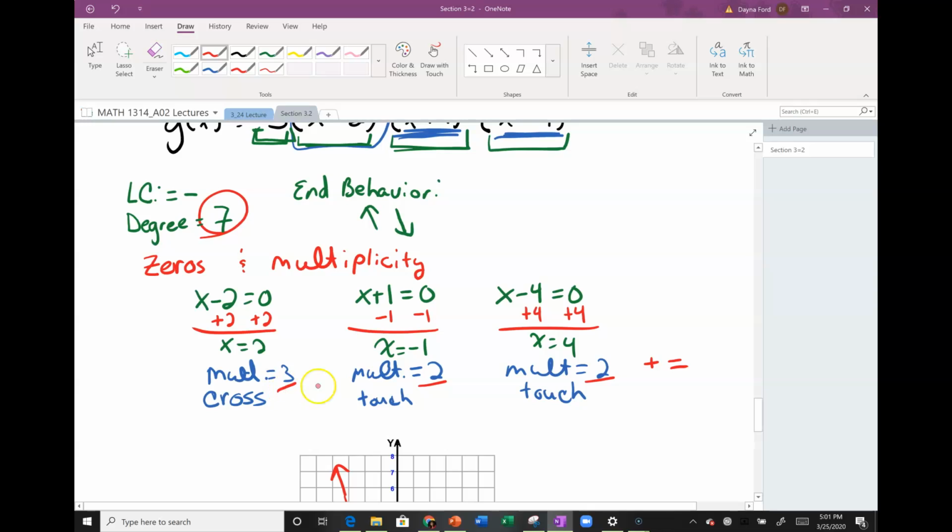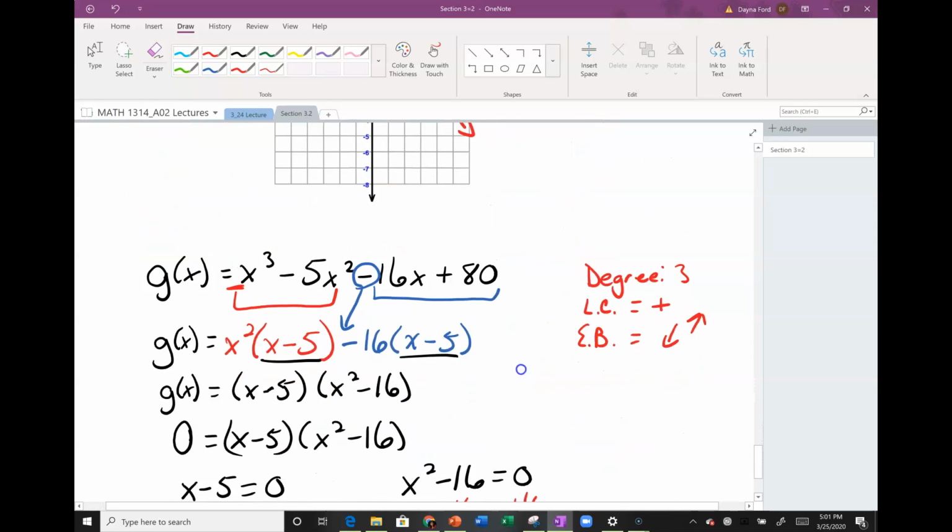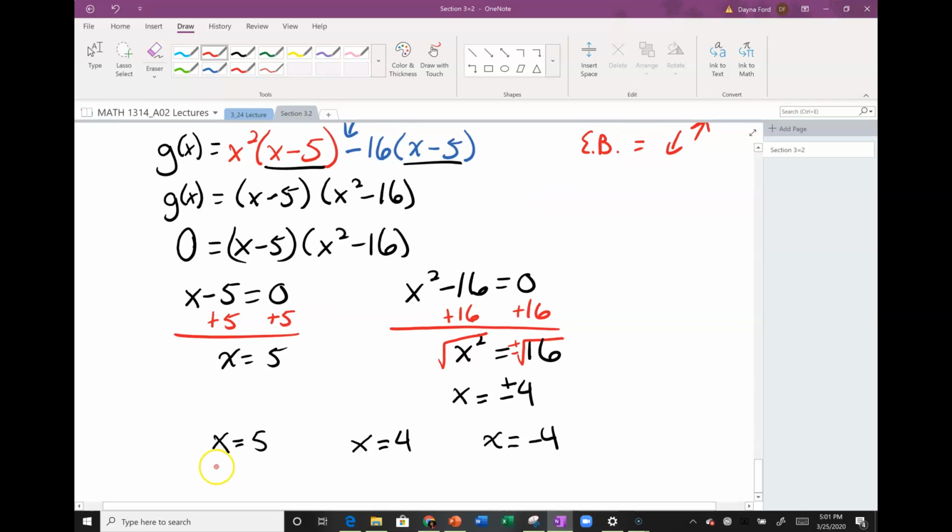So in this case, 3 plus 2 plus 2 does give me that 7, which is my total degree. On this one down here, if I think about multiplicities for each one of those, they're equal to 1. And if I add up how many multiplicities I have, that is my final degree of 3 as well.